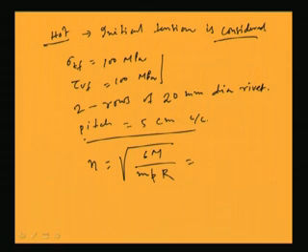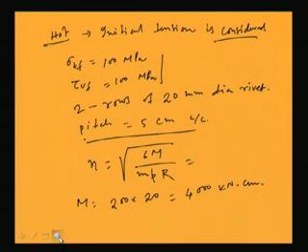Now, here what is M? M is the moment which is developing, that is 200 kilonewton into 20, this is eccentricity. So, this is coming 4000 kilonewton centimeter, this is one. Second thing is rivet value.